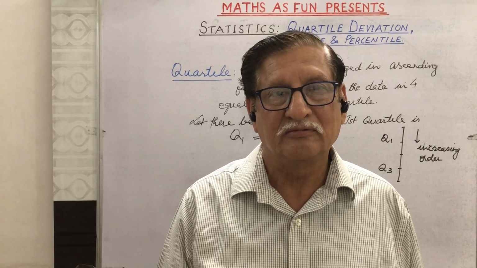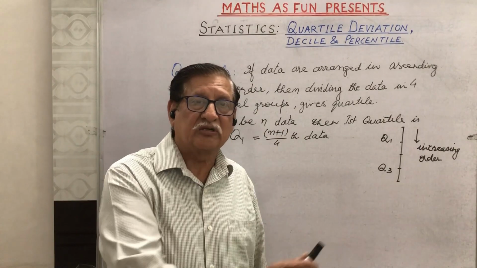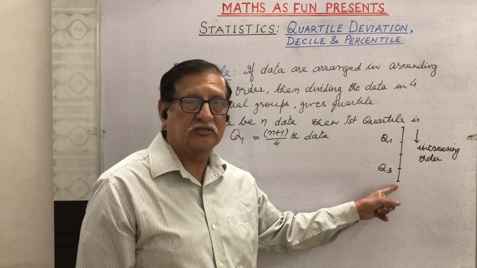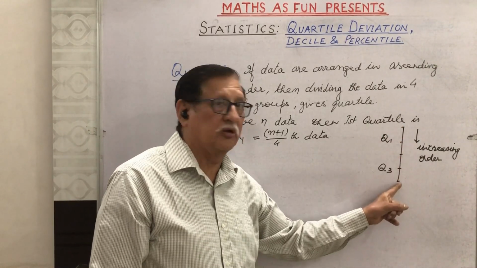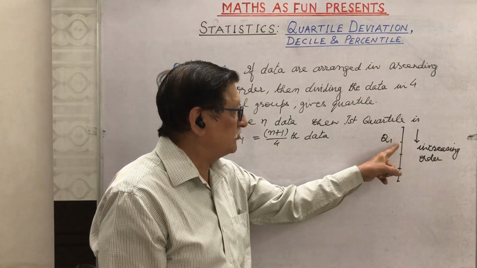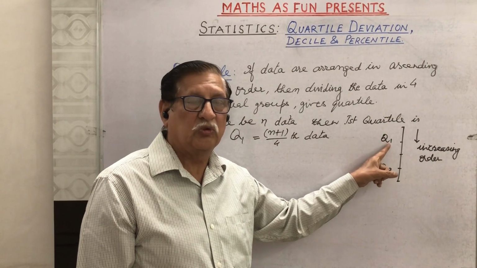See here, when we talk about the quartile, suppose we have some data and they are arranged in the ascending order like this. If we divide all the data into 4 equal groups, then the first one is known as quartile 1, that is represented by Q1.